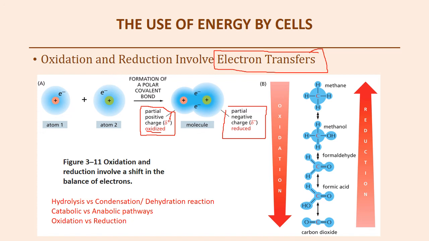So now you're doing a little dehydration, but we give it a different name because oxidation and reduction involve electrons, whereas dehydration and hydrolysis look at larger molecules, and catabolic and anabolic look at exactly which one releases energy and which one requires energy.